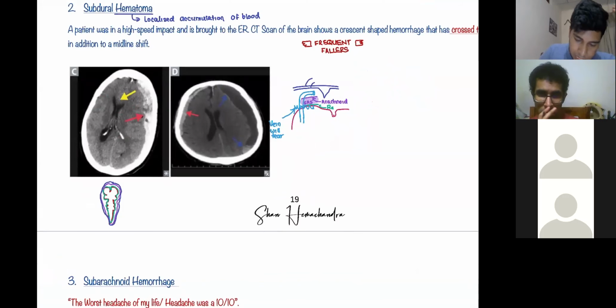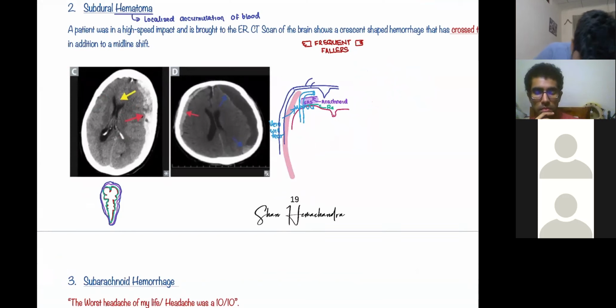And that can lead to hemorrhage in this area, which looks like a crescent. Let me draw it on the other side, the side which is not labeled.